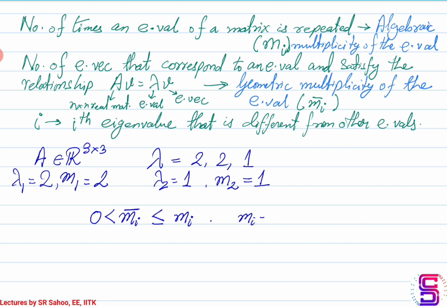If the algebraic multiplicity is 1, then the geometric multiplicity is also 1. The reverse implication is not true.